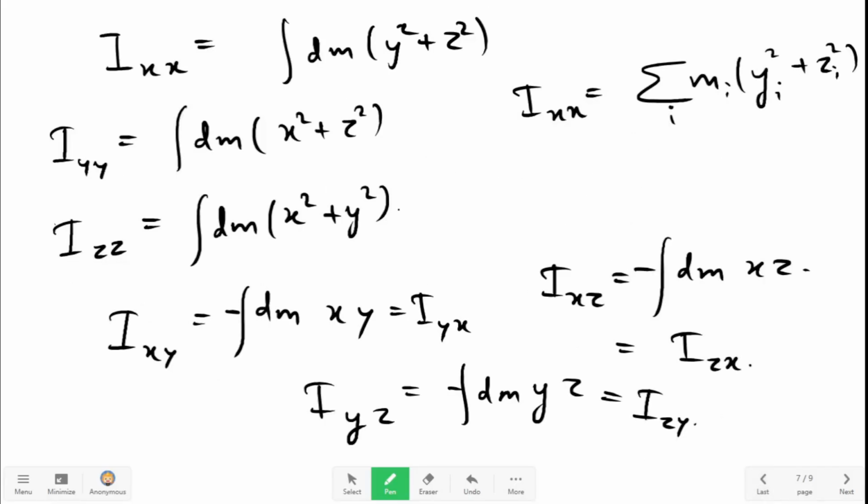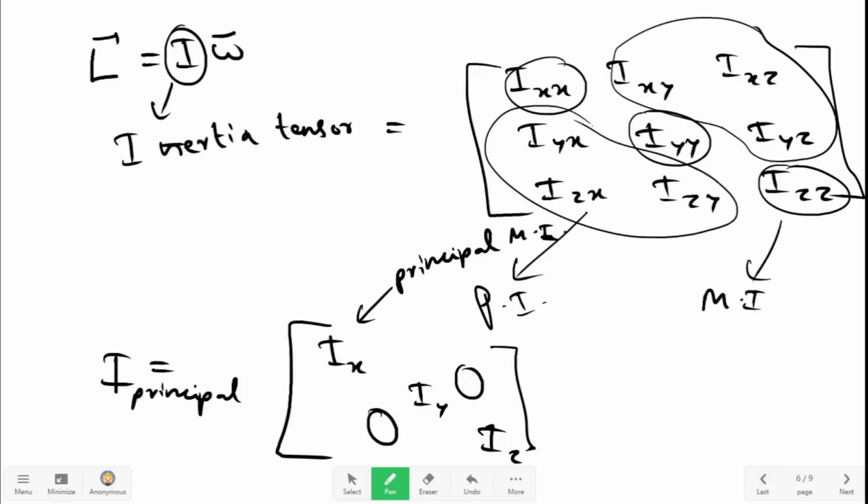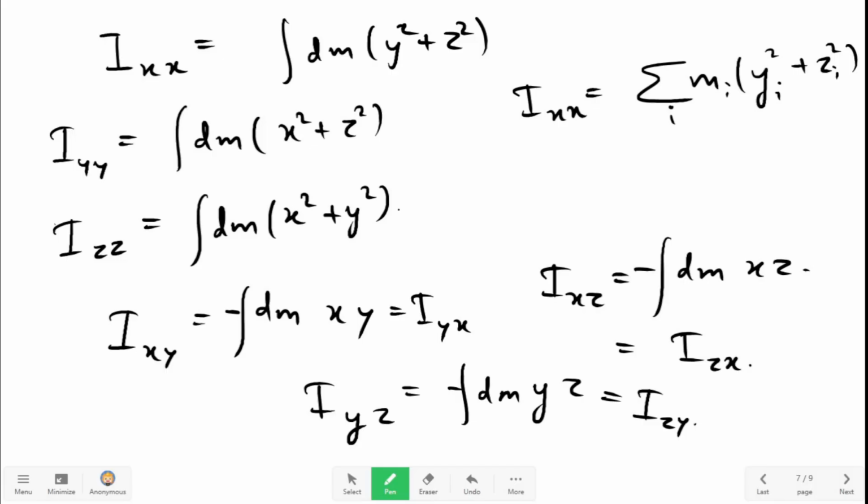Now if any of you are curious or don't know how Ixx, Iyy, Izz, Ixy, Iyz, Ixz, all of these terms are defined, then you can look at this page and note this down. In the inertia tensor, we have Ixx, Ixy, Ixz. All of these terms are defined like this. Integral dm times y square plus z square, this is how we define Ixx. And also you can note that Ixy is equal to Iyx and Ixz is equal to Izx.